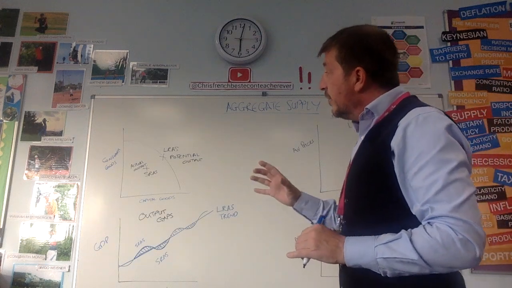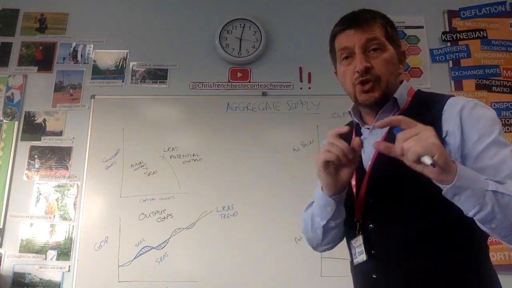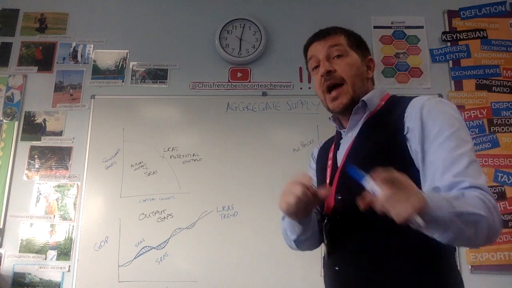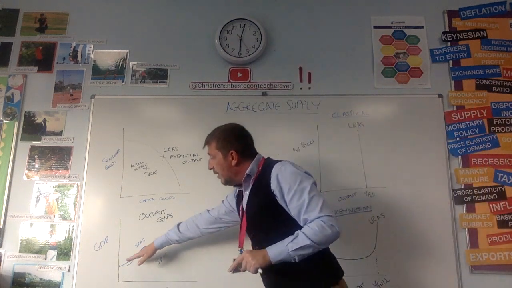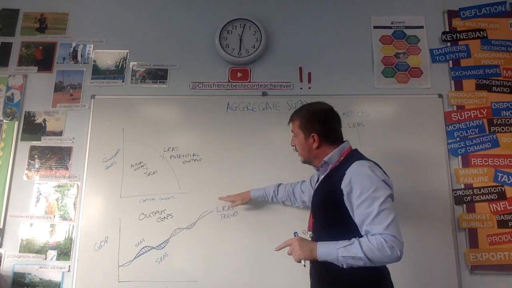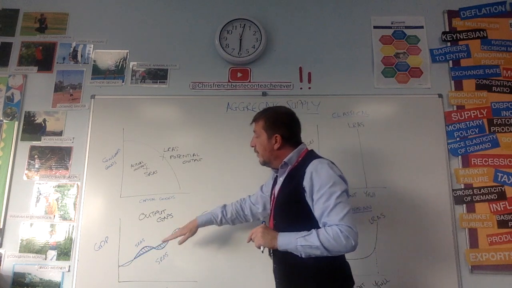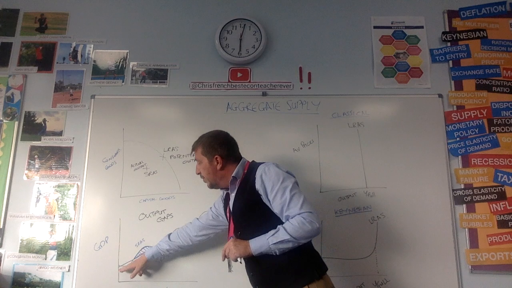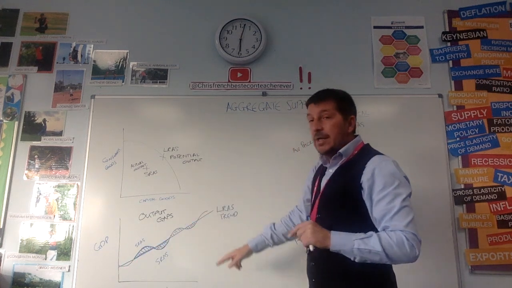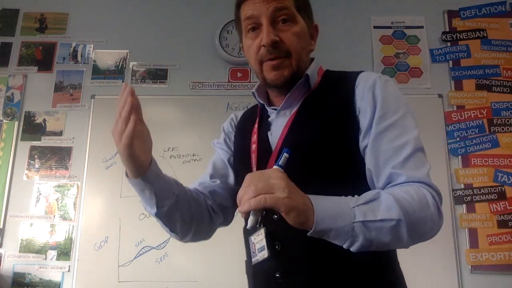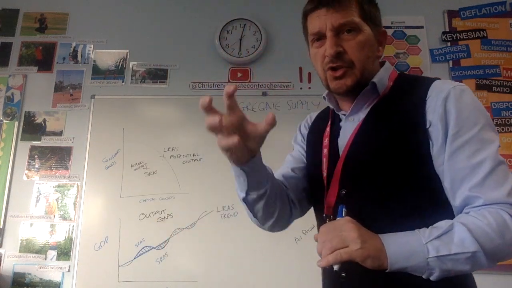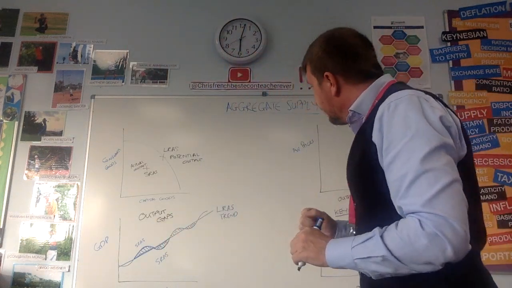That's where we really see the difference between short-run aggregate supply and long-run aggregate supply. Our long-run aggregate supply would be our potential, our trend line, whereas our short-run aggregate supply would be the wavy line, sometimes below our potential, sometimes above our potential if we can stretch our resources a little bit.